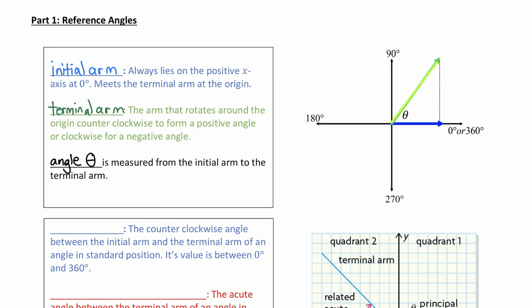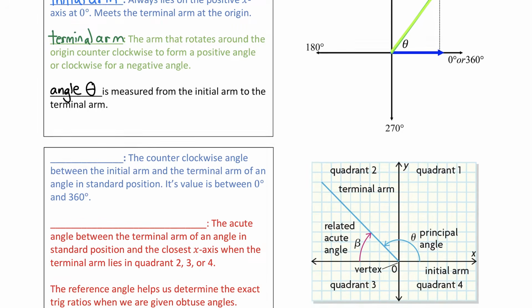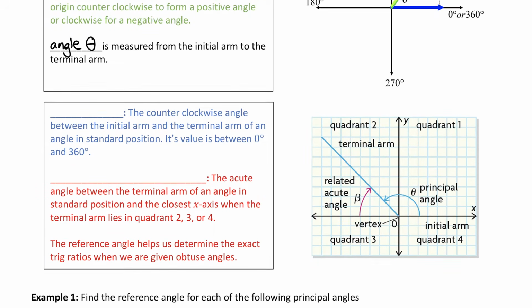The next thing we need to look at is the difference between what's called a principal angle and a reference angle. So if I look at this diagram on the right, notice that we have a terminal arm that is rotated some angle theta counterclockwise away from the initial arm. That angle between the initial arm and the terminal arm in the counterclockwise direction is called our principal angle.